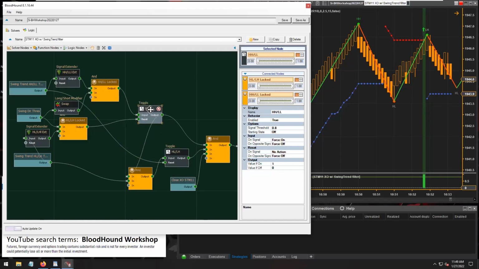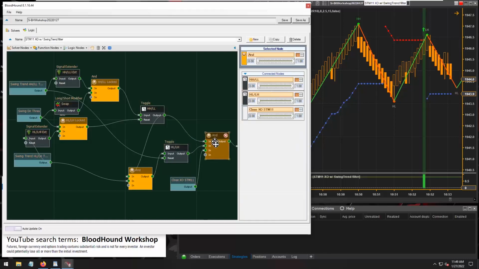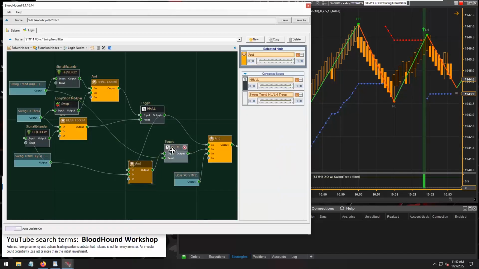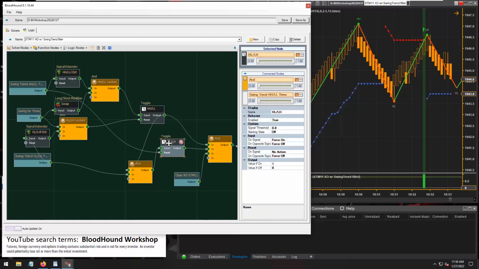So for the toggle node, we're waiting for a higher high to be locked into the toggle node, and then a higher low also to be locked into the toggle node. And both together with an AND node means that we've identified a long market direction. And then we're waiting for the super trend crossover of price to occur. So that is what we built there.